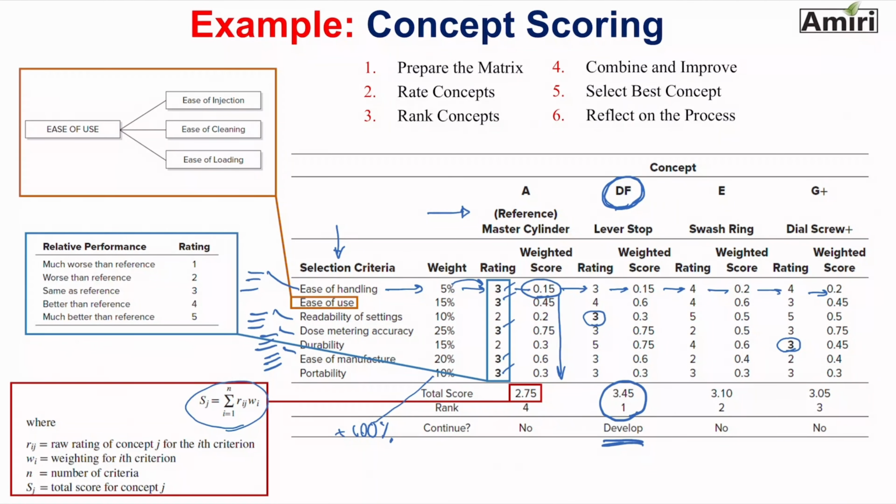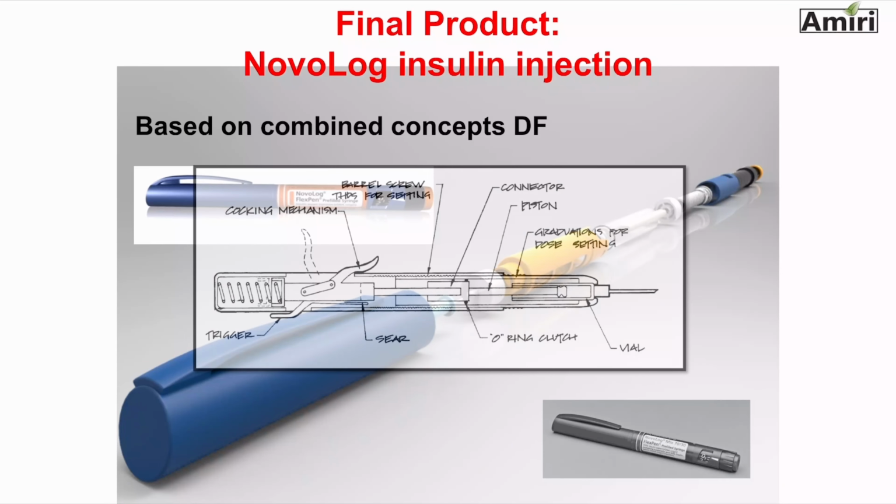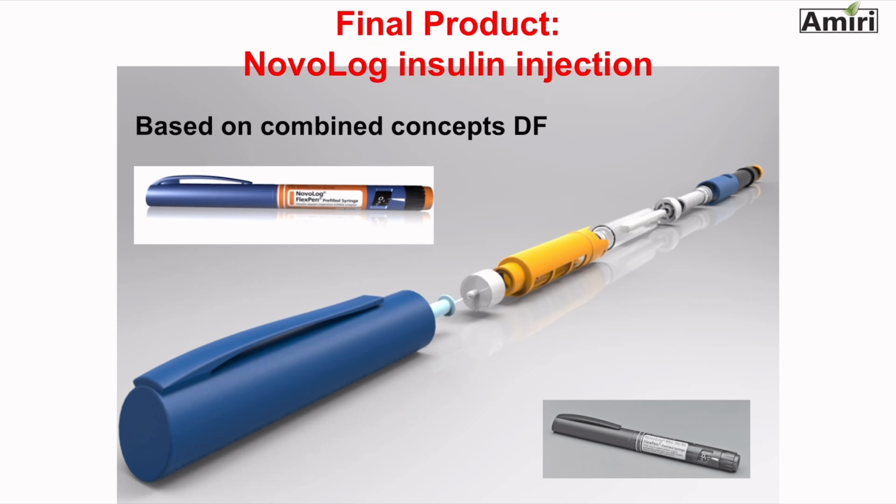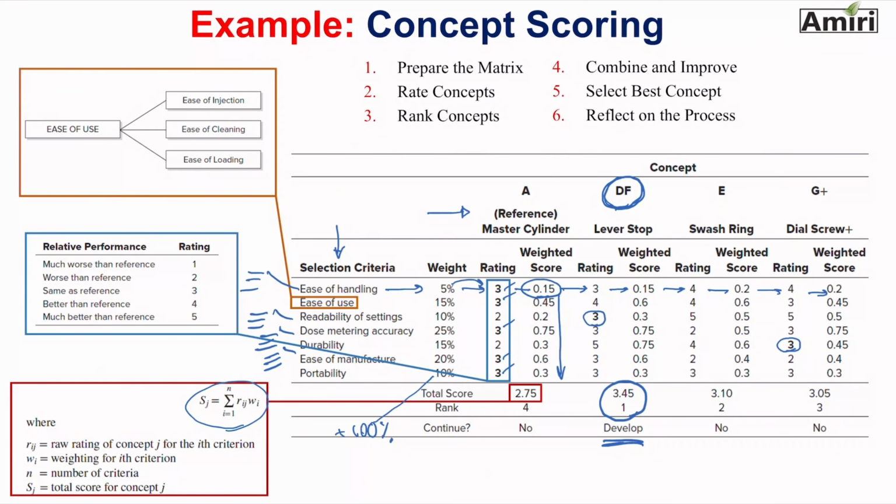When it comes to reflecting on the process, step 6, we'll get back to this one. I don't have the reflect slide here, but when it comes to reflecting, reflect on the whole process and make sure that there wasn't any other criteria that you missed from your QFD.